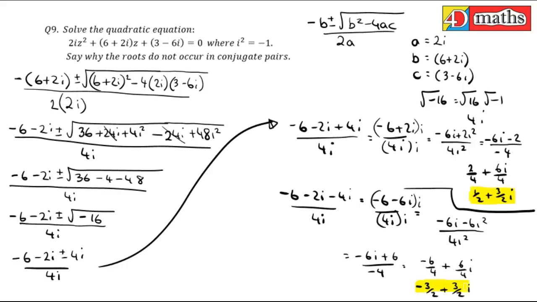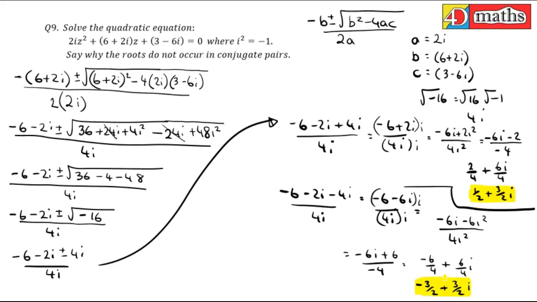This and this. Do they come in pairs? No, they don't come in pairs, and the reason they don't come in pairs is because the coefficients are not real. The coefficients are imaginary. Okay, so that's why they don't occur in pairs.